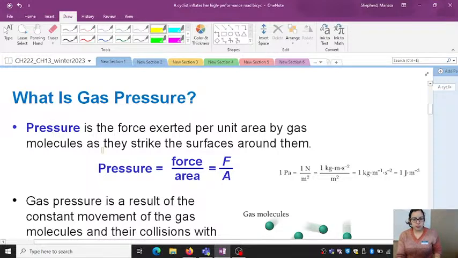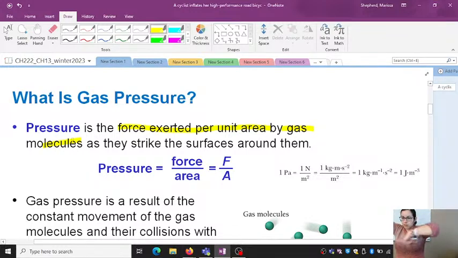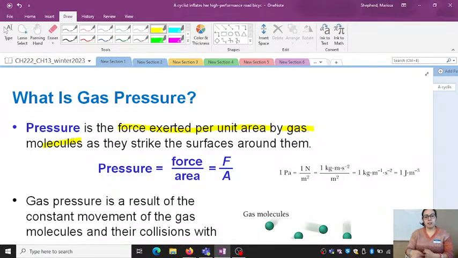Pressure is defined as the force exerted per unit area by gas molecules as they strike. You got a taste of that in your water collection lab, and that's why the barometric pressure was important, because we had to account for what force the gas had to act against. We had our atmospheric pressure pushing down on that beaker of water.